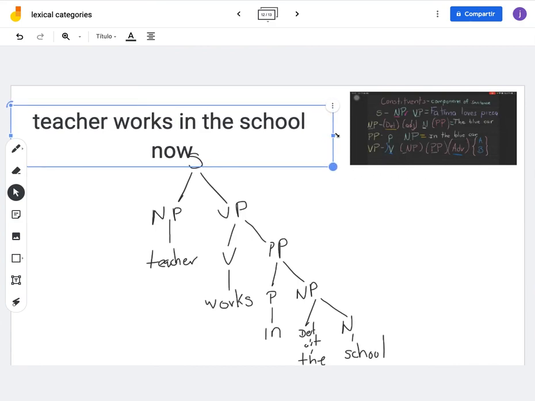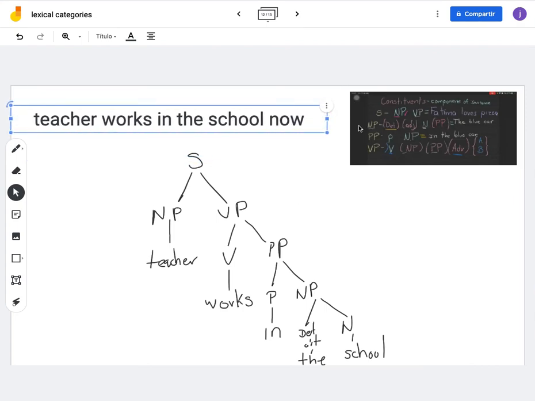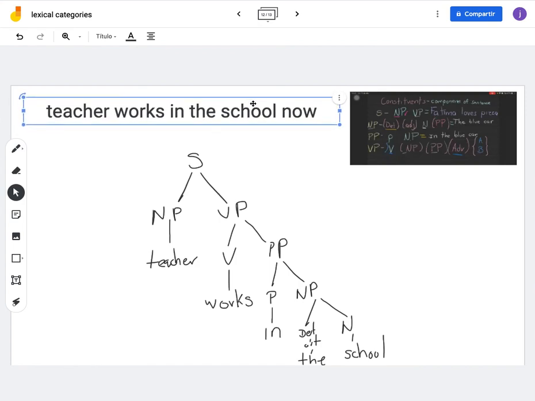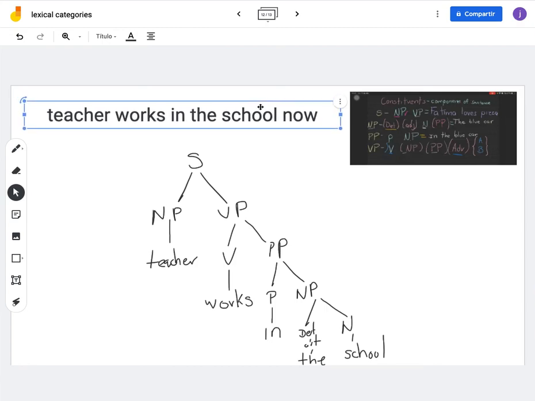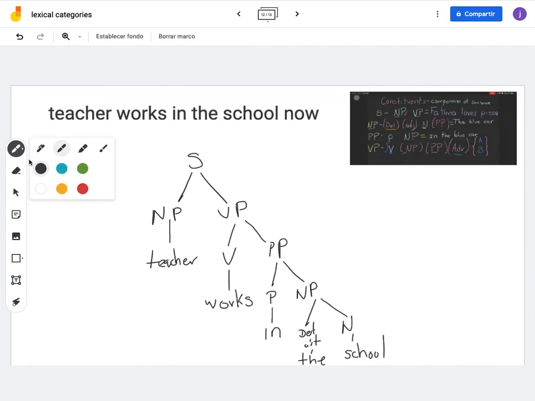Okay. And we are going to do the same. We are identifying the elements. Okay, noun phrase and verb phrase. So we underline with this color, and we put it here.